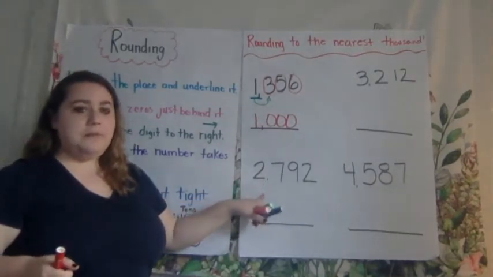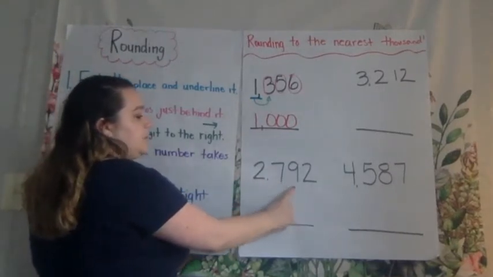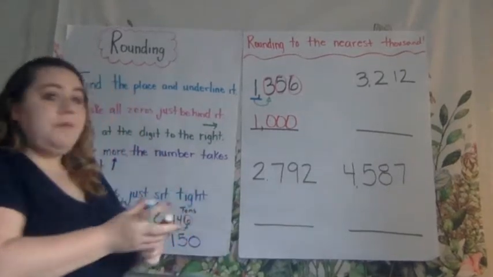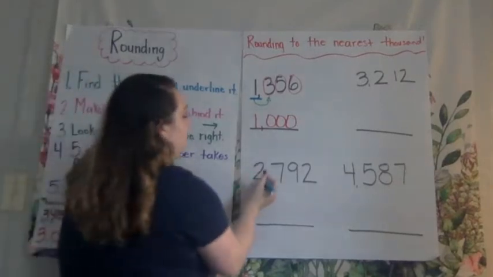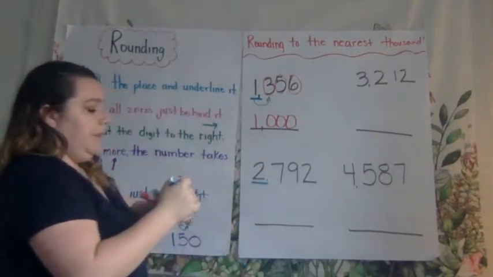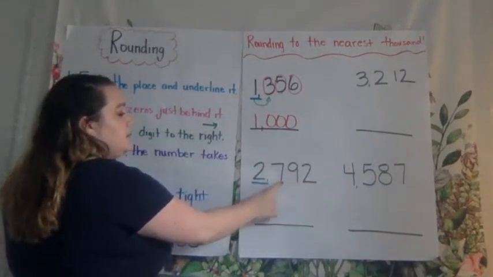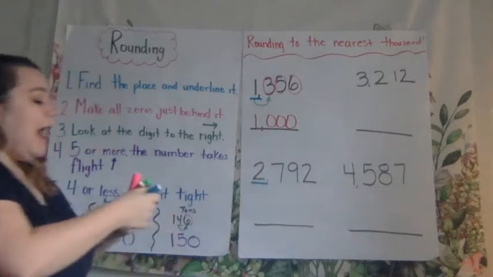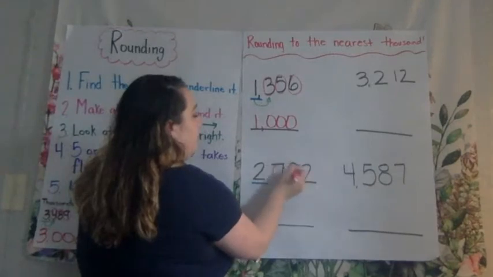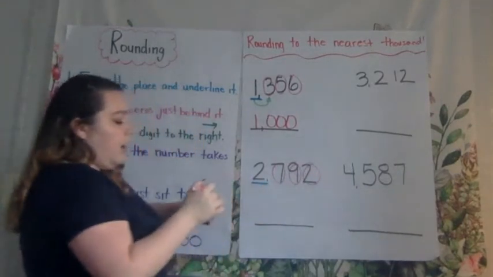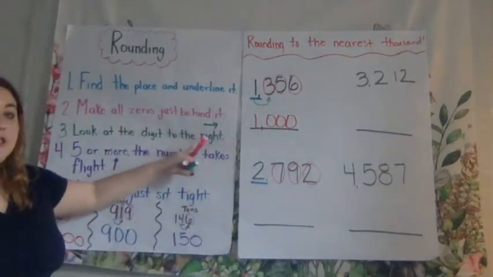I'm going down. It says 2,792. Well, my first step is to find the place and underline it. So I underline my 2 because I'm rounding to the nearest thousands. Ones, tens, hundreds, thousands. I now know from step 2, I make all zeros behind it. 1, 2, 3. They're all going to be zeros. Now I do step 3, look at the digit to the right.